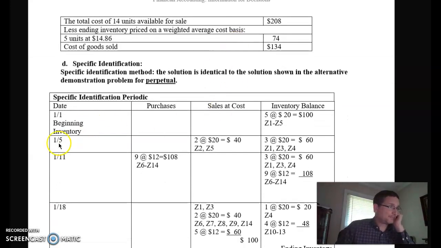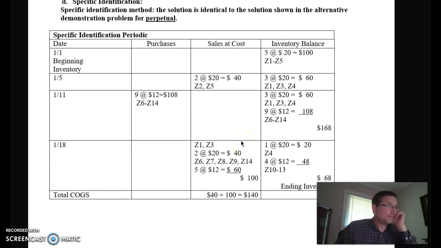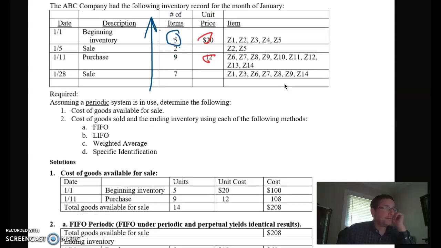All right, so on 1.5 we sold 2 items and they were Z2 and Z5. So they were from the beginning inventory and they are 2 at 20, which is $40. And then on the 18th, we sold Z1 and Z3. Well, Z1 and Z3, let's come up here to the original.